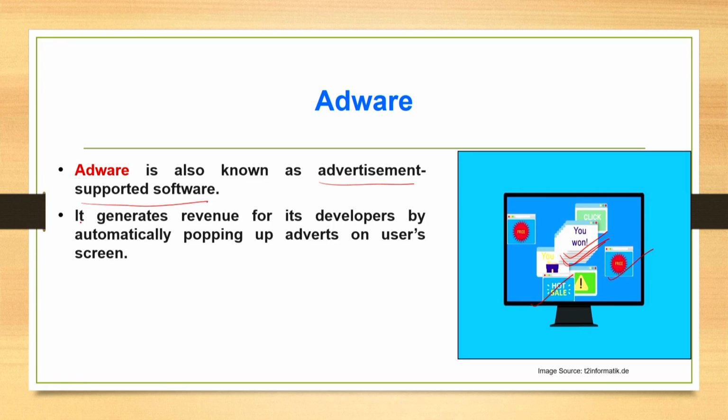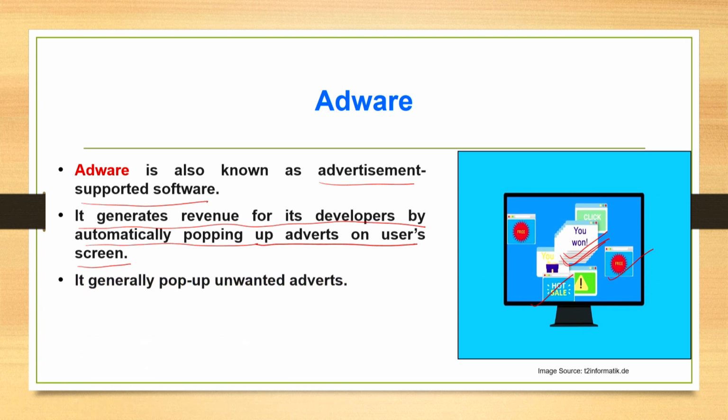What it does is generate revenue for its developers by automatically popping up adverts on the user's screen, like here you see, you won hot sale free this. It generally pops up unwanted adverts.